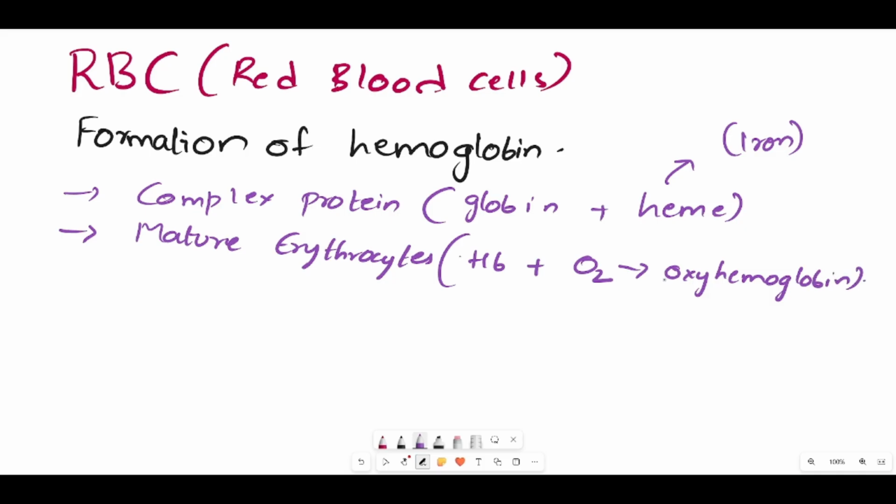So in a mature erythrocyte or RBC, hemoglobin binds to oxygen, thereby forming oxyhemoglobin, and this oxyhemoglobin is responsible for imparting the red color. The red color of RBC is mainly because of this oxyhemoglobin, so it imparts the red color to the blood.